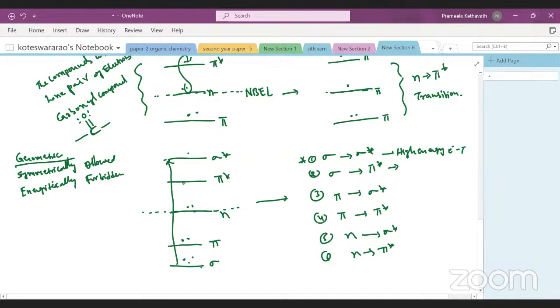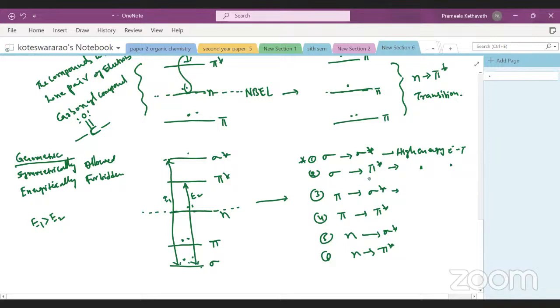This is also somewhat higher energy, and the energy gap is high. Suppose this gap is E1 and this one is E2, so E1 is greater than E2. It is somewhat less energy compared to sigma to sigma star, but even so it is not possible energetically. Therefore, this is also a higher energy electron transition, and energetically forbidden.